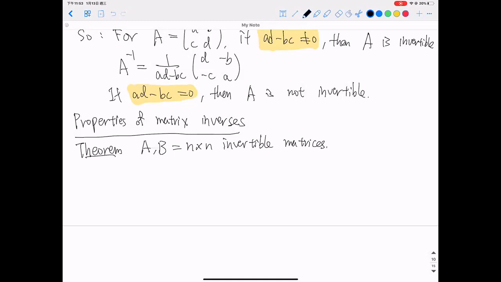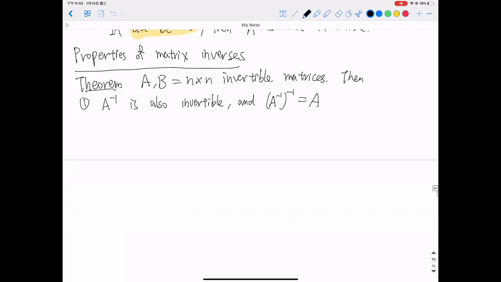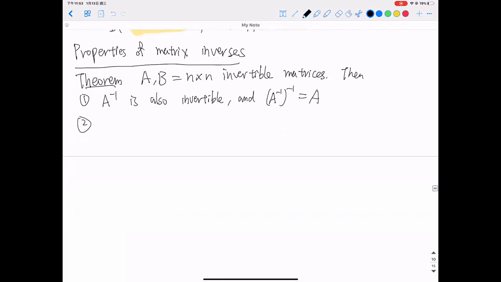Then, first of all, A inverse, which exists, is also invertible, and its inverse is A. Second, the product AB is invertible, and its inverse, AB inverse, is B inverse times A inverse.